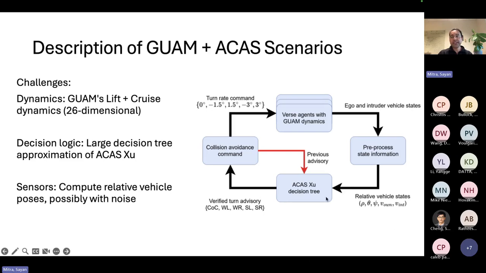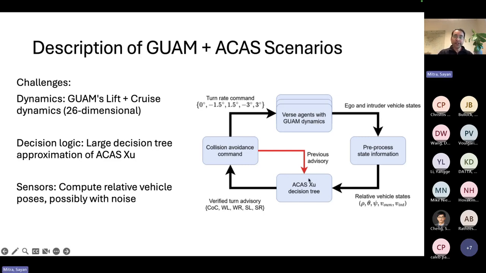So for this ACAS-XU protocol, the states that matter are the relative pose of the vehicle. So the relative distance as well as the various relative angles. So the sensor is going to compute those relative distances from the states, which is what then goes into the decision protocol.